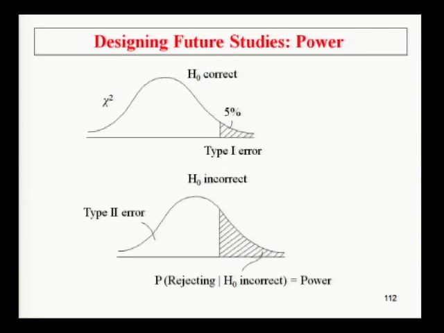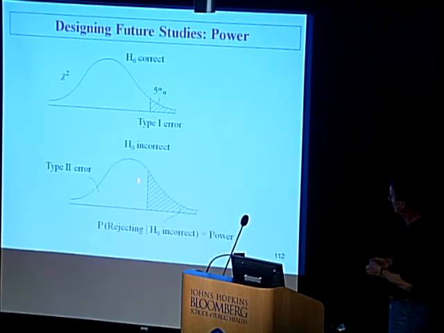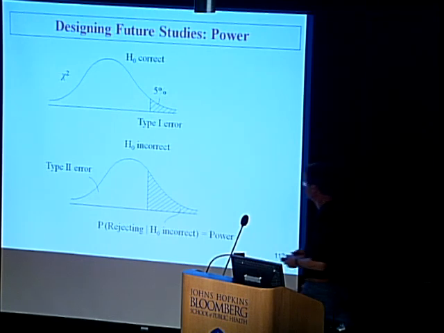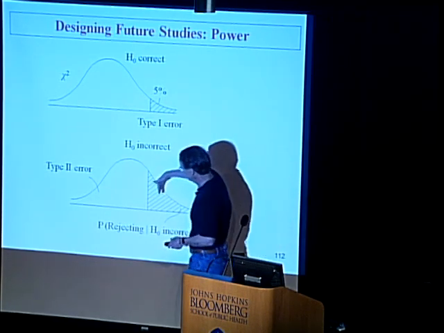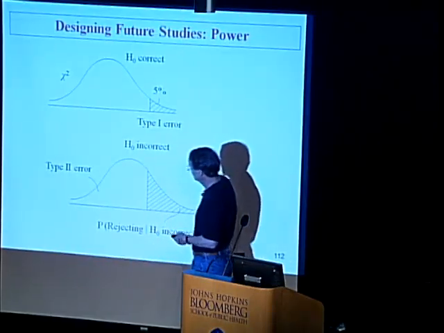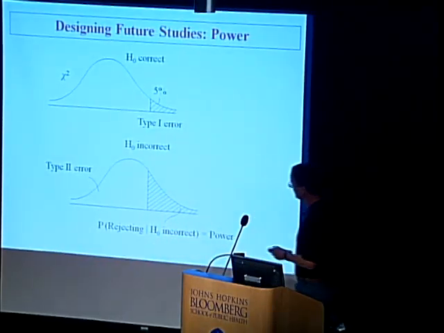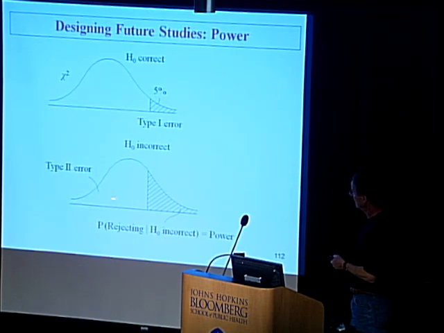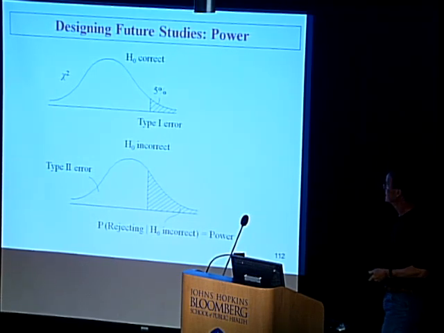And in this case, when the H0 is incorrect, you can make a type 2 error, which is not rejecting the model when it's incorrect. So in typical cases, you want the shaded area to be large, say 80% of the distribution, whereas the type 2 error is fairly small.